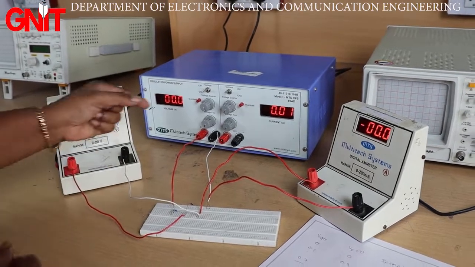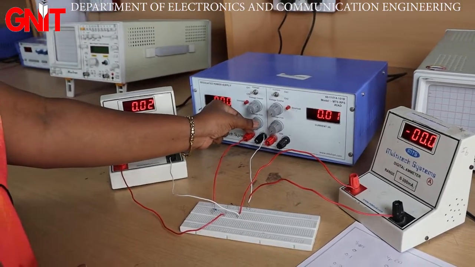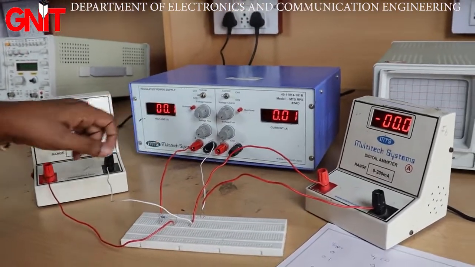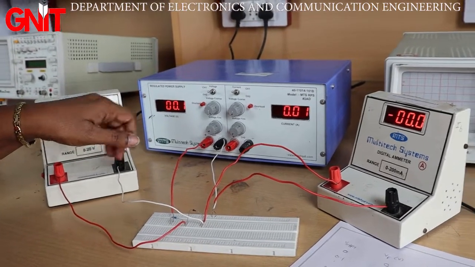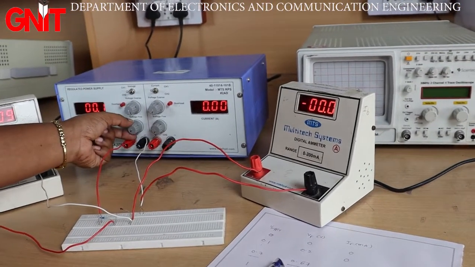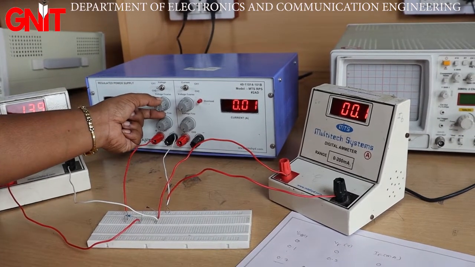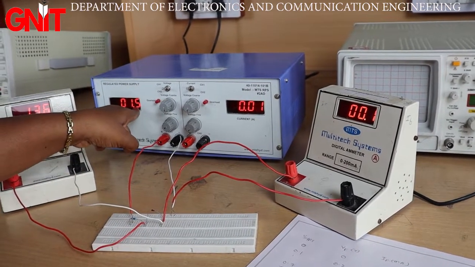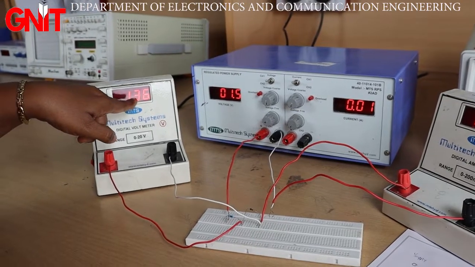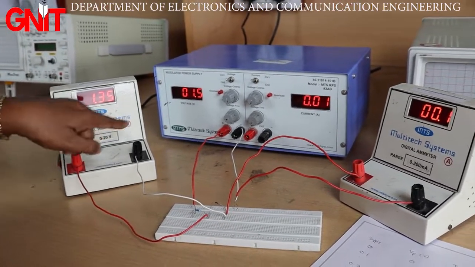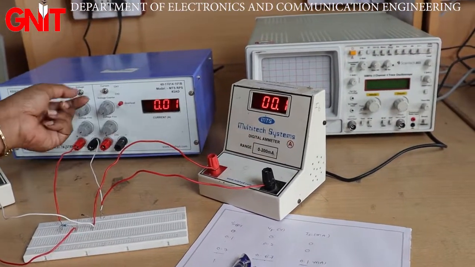Whenever I am changing this voltage, for 0.1 I got 0.09 and I don't get any current. For 1.5 I got 1.36 as the voltage and 0.1 milliamps.